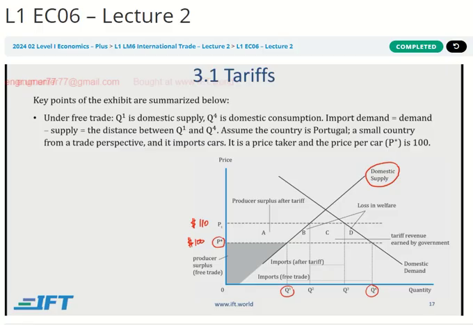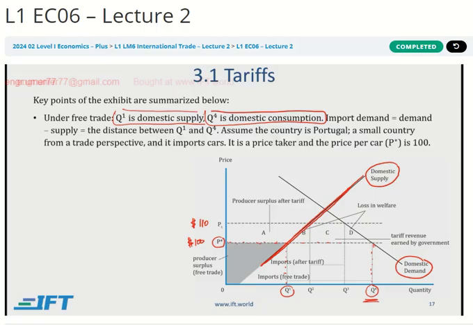Up to the price of $100, they can only supply Q1. And at the price of $100, if you take their domestic demand, this is what the American people are demanding, Q4. So Q4 is what the people are demanding at the $100 price, and Q1 is what the local industry can supply. So clearly the US government doesn't like this.